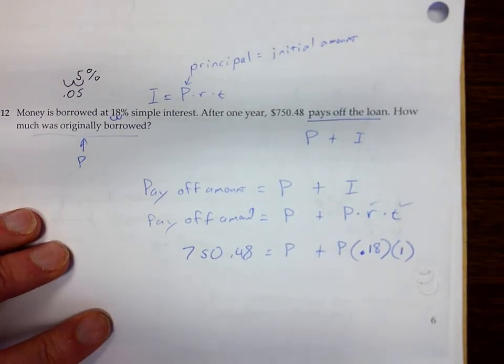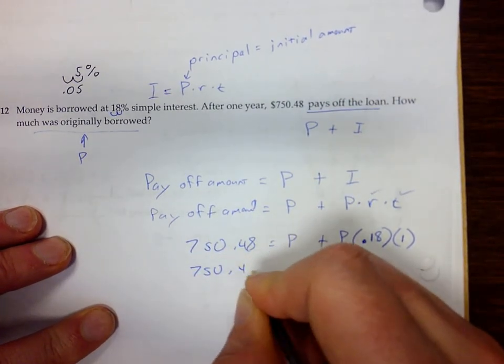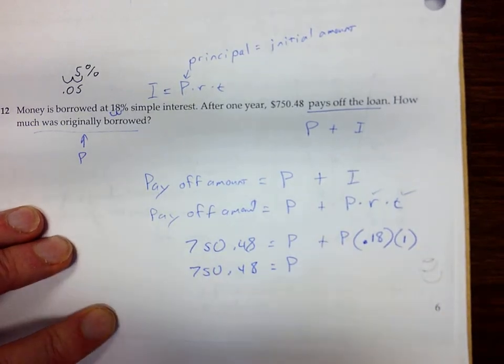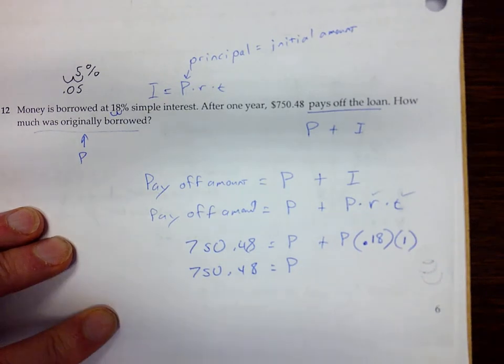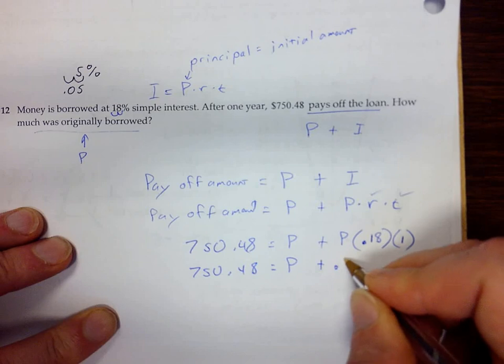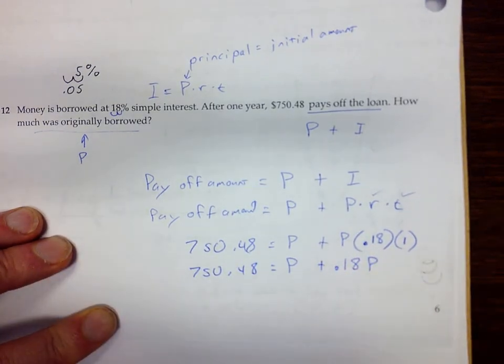So what do we have? I want to rearrange this slightly and simplify it. I didn't do anything in the first part. But over here, 0.18 times 1 is 0.18. And I also want to write that in front of my variable, just because that's common practice to write the number in front of the variable.